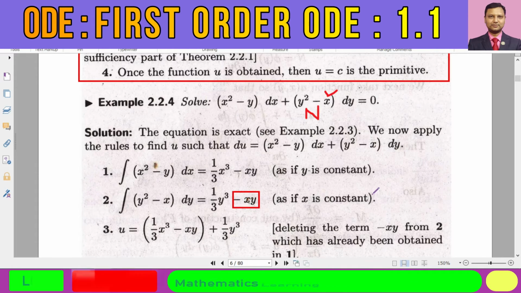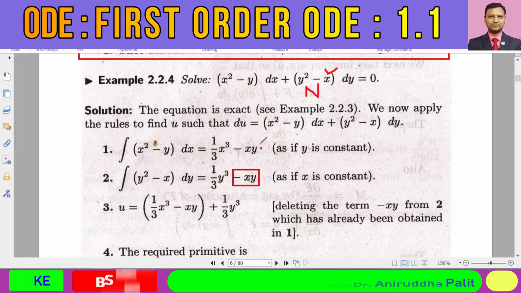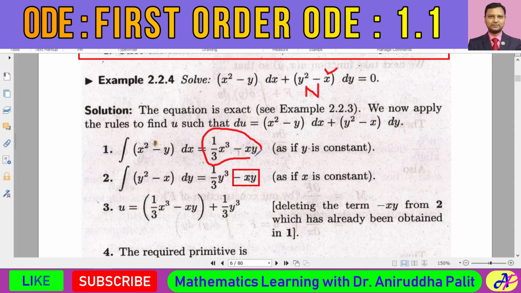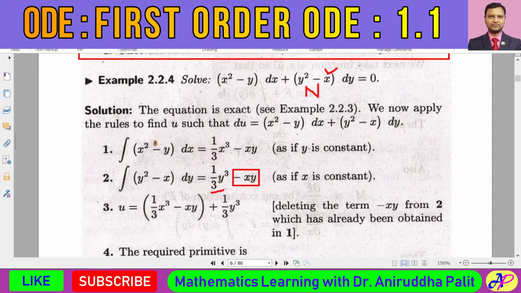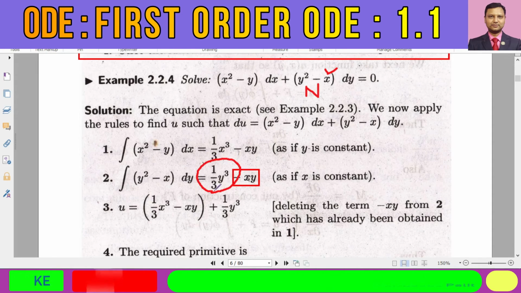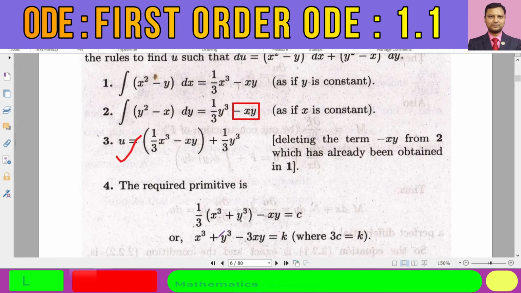So over here, the third step would be just to add these two expressions. The first expression is 1 by 3 x cubed minus xy, and the second expression is 1 by 3 y cubed. In this way, you can identify the expression of the variable u.